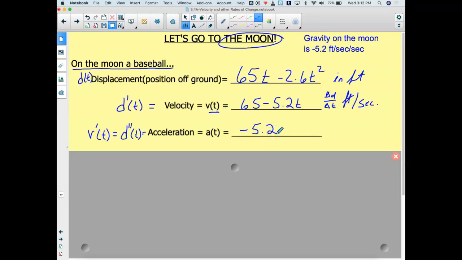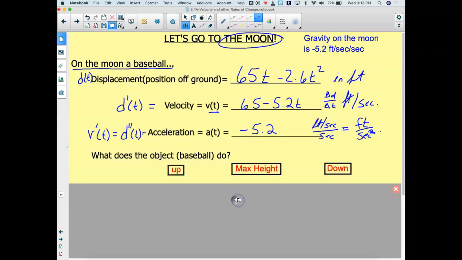And that's a change in velocity over a change in time, so that's feet per second per second, which equals feet per second squared. Those are my displacement, velocity, and acceleration functions.